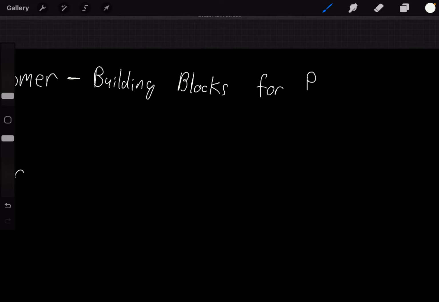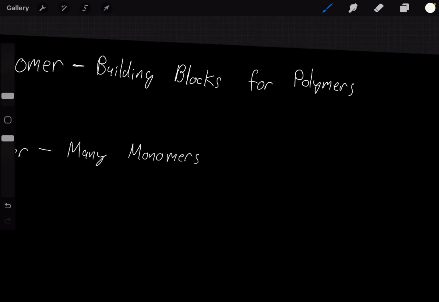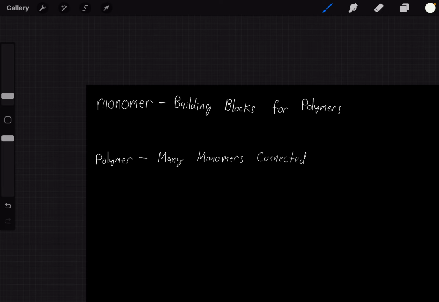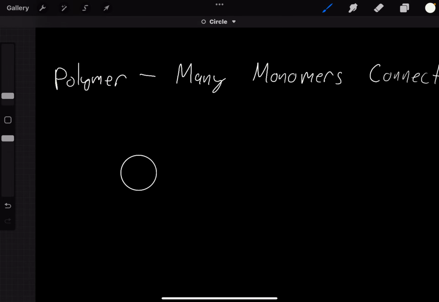And polymers are basically many monomers combined or connected. So a monomer would just be like this, just one. This would be one monomer, for example.